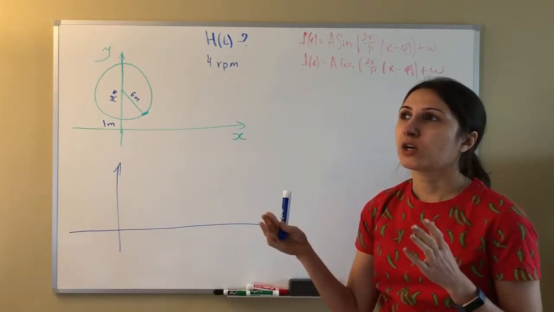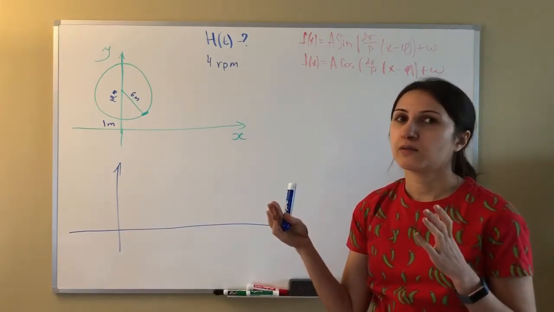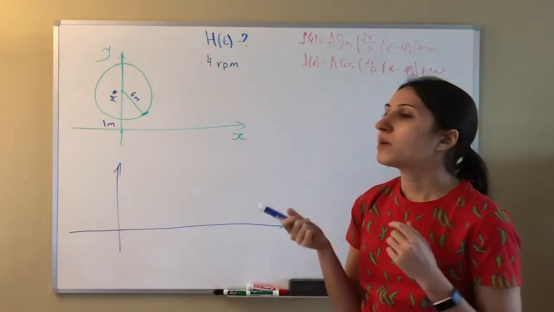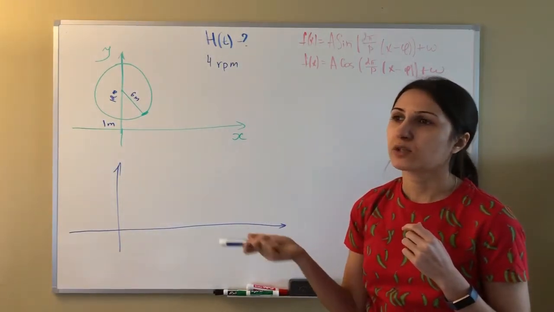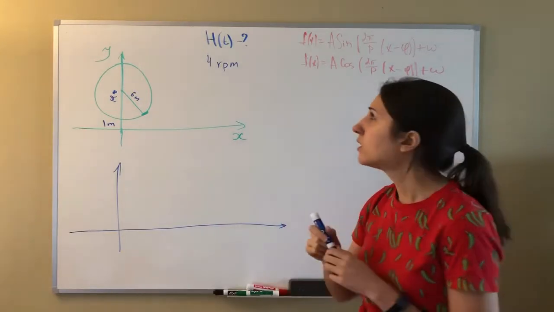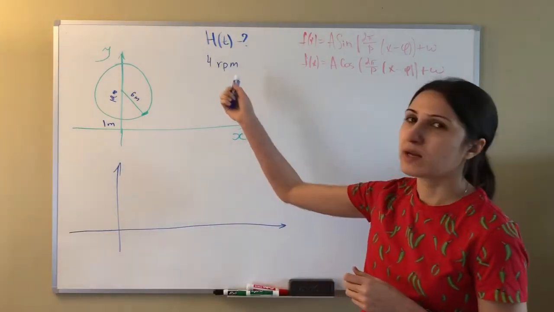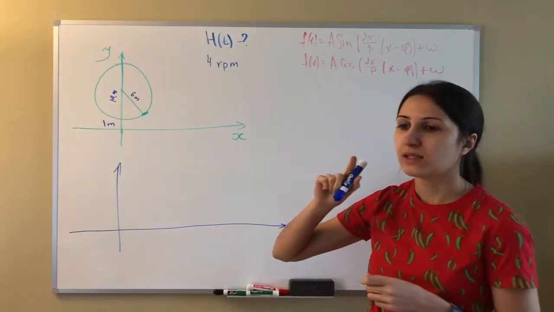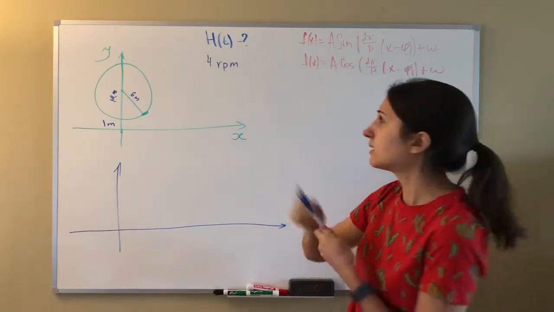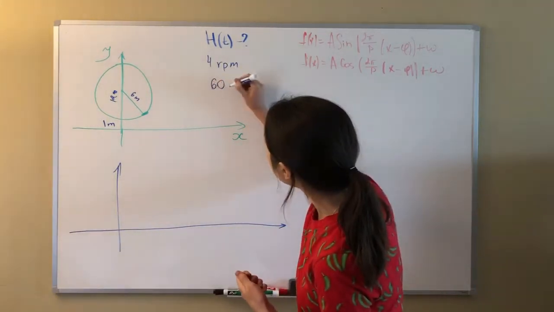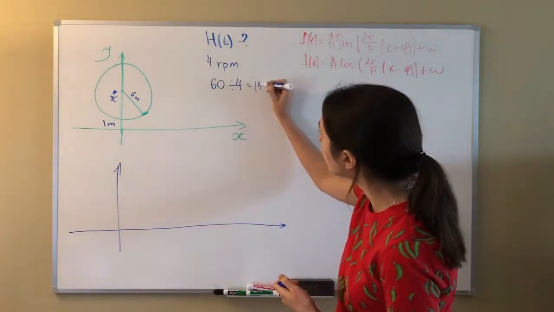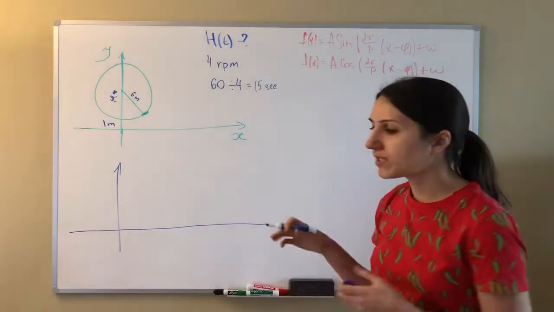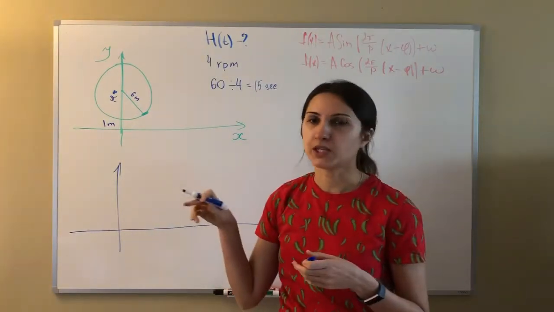So 1 turn is 1 period, right? How many seconds do we need to complete the full rotation? 1 minute is 60 seconds. If we divide 60 seconds by 4 full rotations, it gives us 15 seconds. So in 15 seconds, the Ferris wheel does the full rotation.